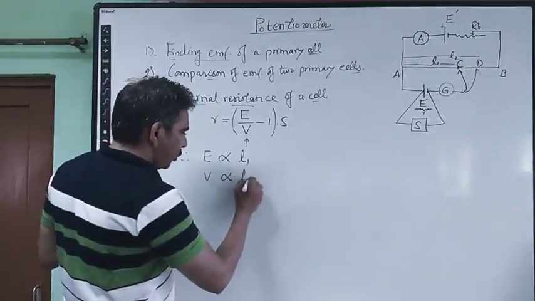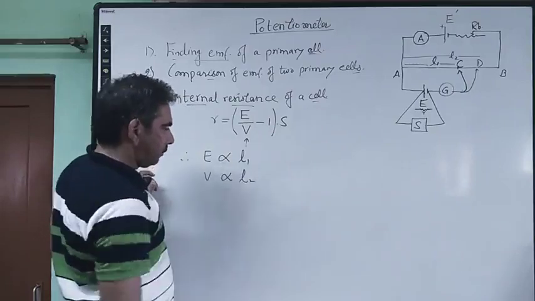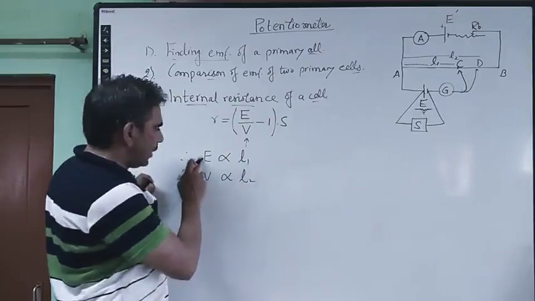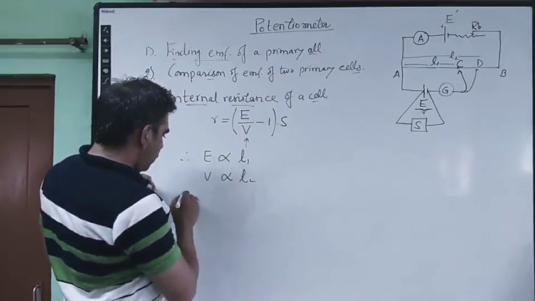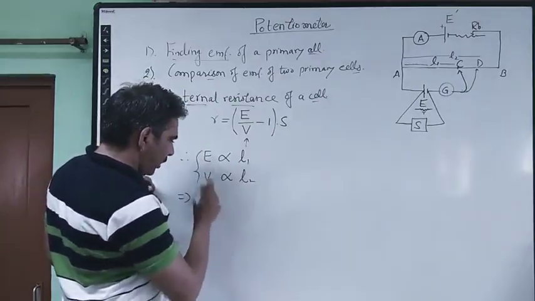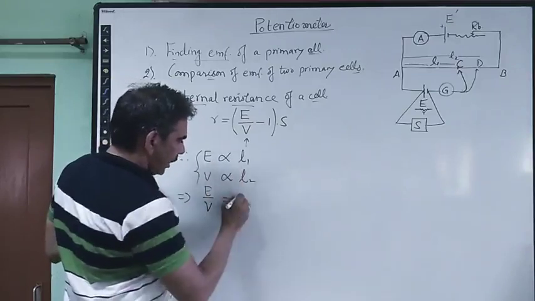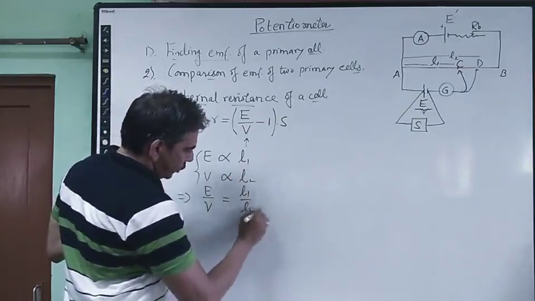So it is proportional to L2, which will be less than L1, because V is less than E. From these two equations, we find E upon V. We divide these two, the constants cancel out, and we get L1 upon L2.